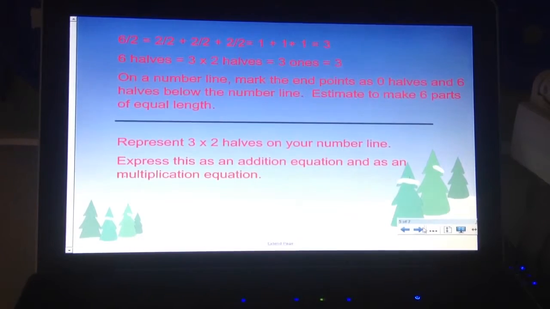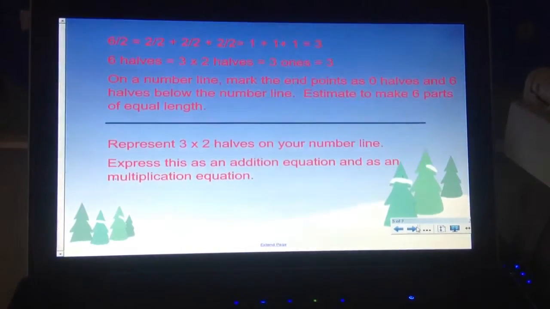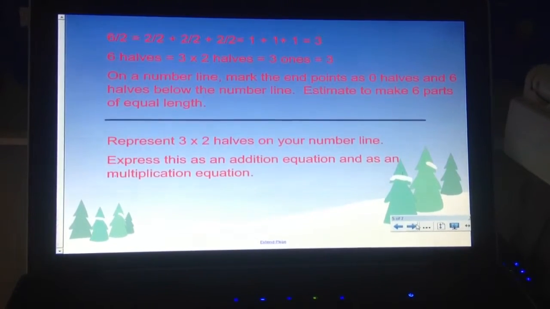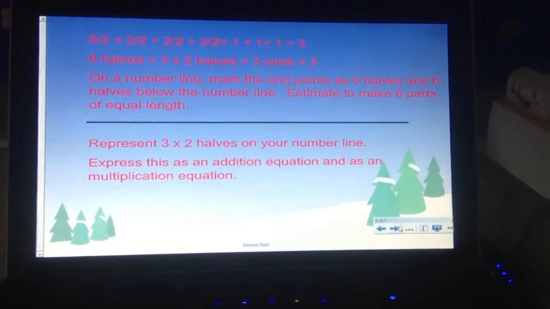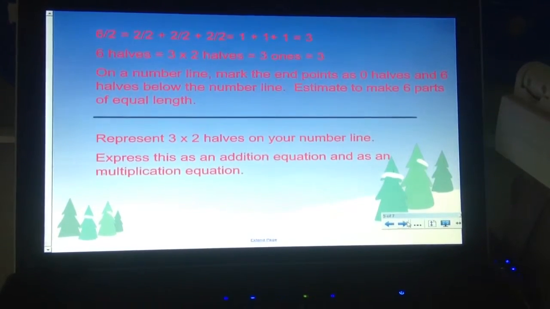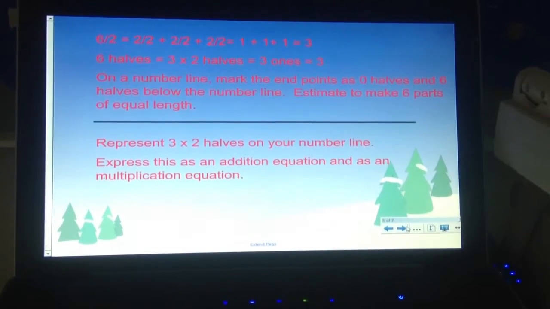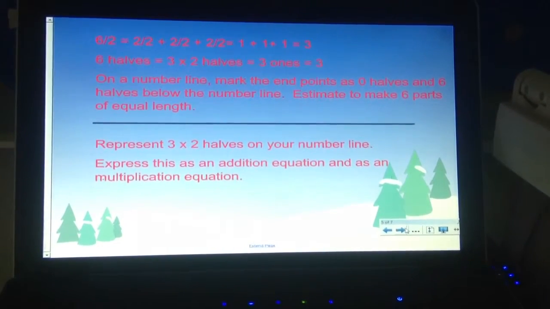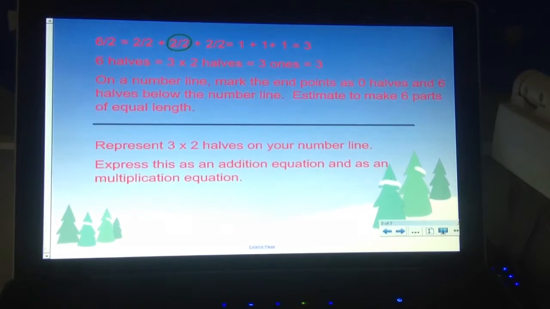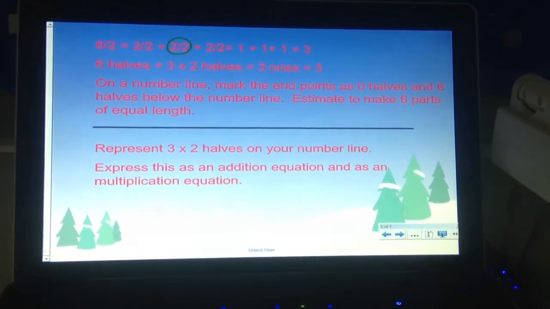Okay, this one is 6/2 equals 2/2 plus 2/2 plus 2/2. Another way of saying that: anytime you have the same number over that same number, it's going to be equal to 1.